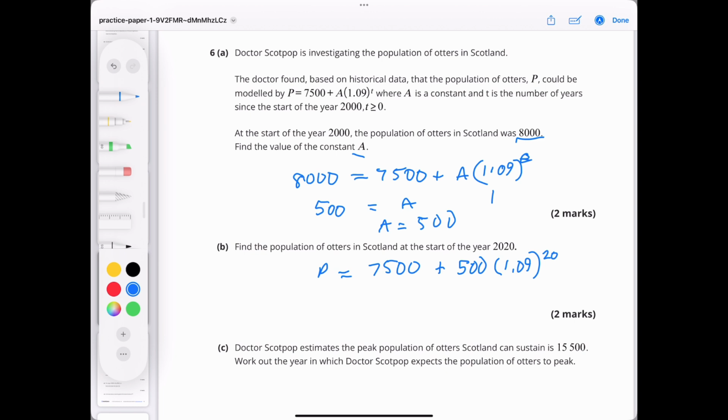So you do 1.09 to the power 20 times 500, and add that on to 7,500. We can't really have a fraction of an otter, so that would be 10,302, rounding down to the nearest otter, 10,302 otters in the year 2020.